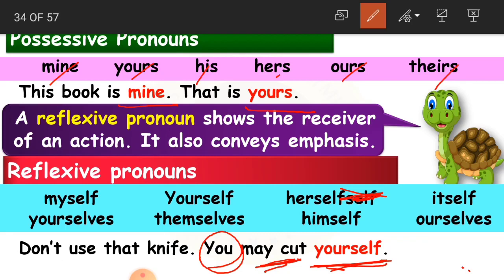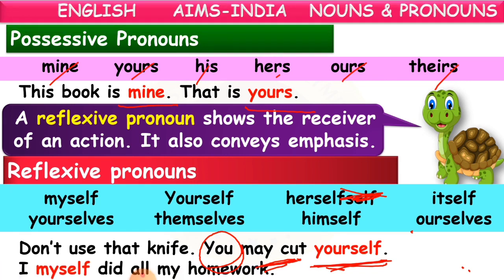But when you say myself, yourself, herself, itself, yourselves, themselves, himself and ourselves, these are all reflexive pronouns, in the sense that they receive an action. Okay, children? Clear?